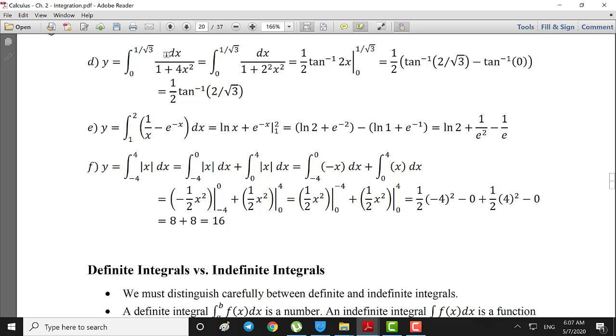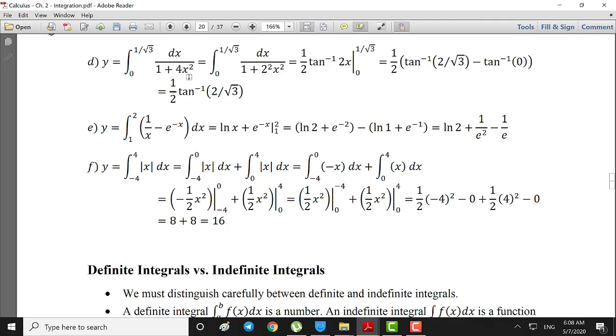Now here we have dx in the numerator. But what does that mean? It means that we have a 1 here that we have omitted, and we have multiplied it by dx.